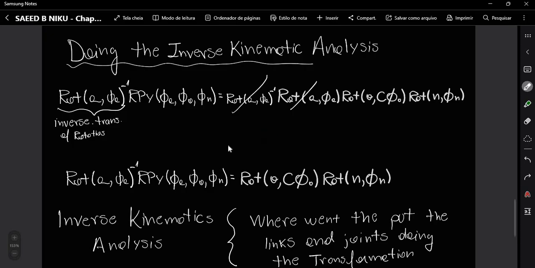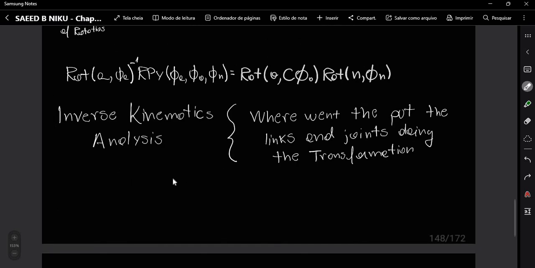So it is the inverse transformation of the rotation above the a-axis with the angle phi A. So I multiply this side, and these terms got cancelled, and we will obtain the following transformation equation.